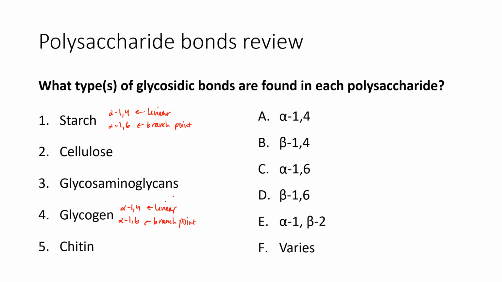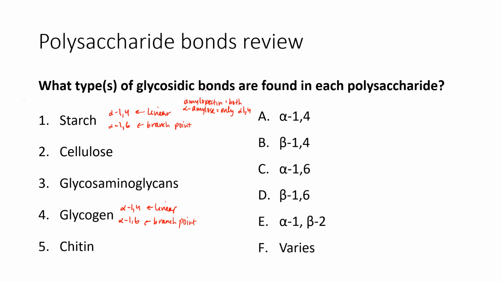I also want to be really clear for starch. Alpha amylose is only alpha 1,4 because alpha amylose is only linear, and amylopectin has both of these types of glycosidic bonds because amylopectin is branched.